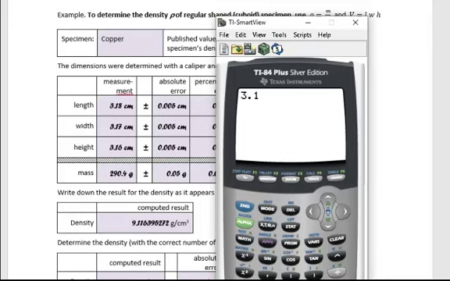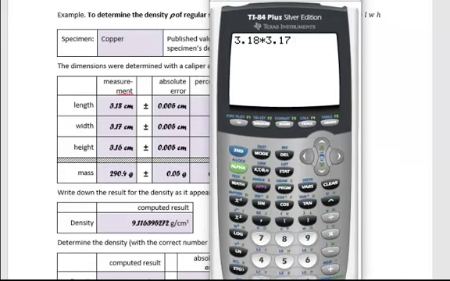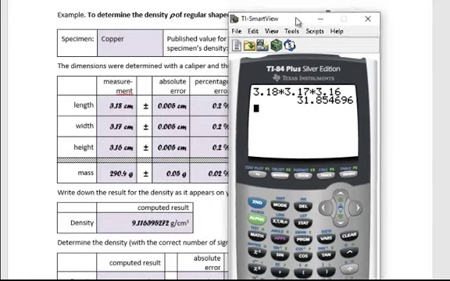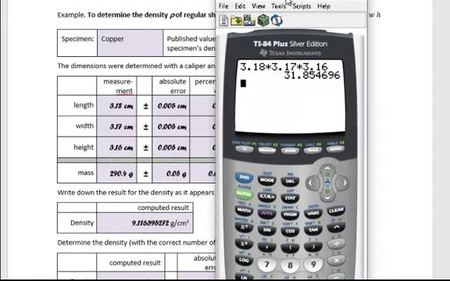So here we go. I think I'm typing off screen because not my entire calculator fits on the screen. So there we go, 31.8549696, there it is. At this point, I'm going to take them all along because this is an intermediate result, so I will actually use them to compute the density.